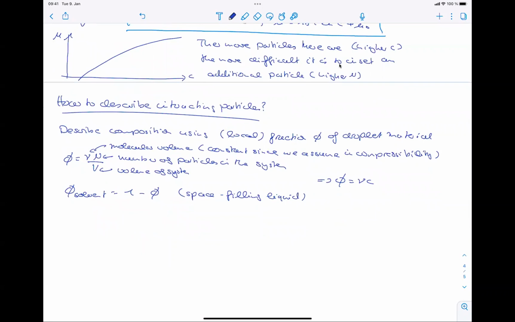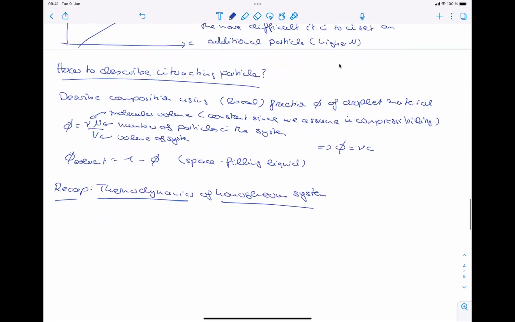And so then we need what we just looked at, the thermodynamics of a homogeneous system. And for that we have free energy, which is proportional to the volume, and then the free energy of the volume fraction.